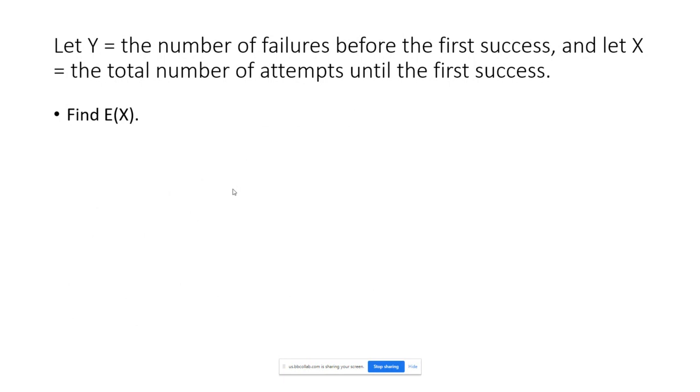Let's let y be the number of failures before the first success, and let x be the total number of attempts until the first success. Try finding the expected value of x. And you can use what you know about the expected value of y.